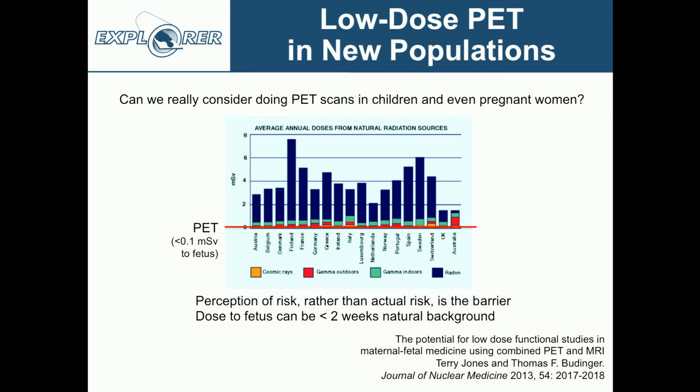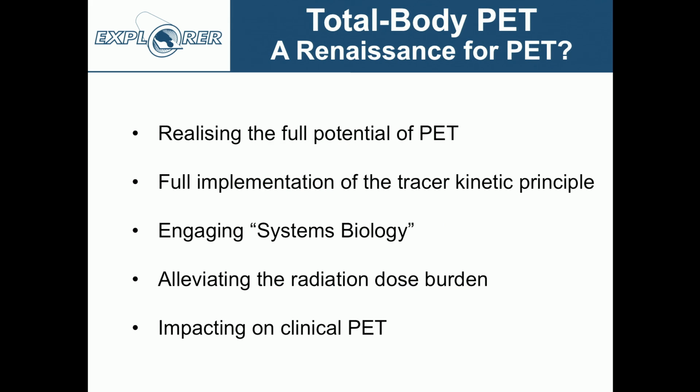And we're proposing that we'll be able to do PET scans with a dose to the fetus, and I'm taking the most extreme case here of considering using PET to image pregnant women, of less than 0.1 millisieverts. And so this is less than 2 weeks of natural background. And so at this point, is the barrier the perception of risk rather than actual risk? I'm sure we could have a good debate about that, and that's why I put it as almost my last slide, to be a little controversial.